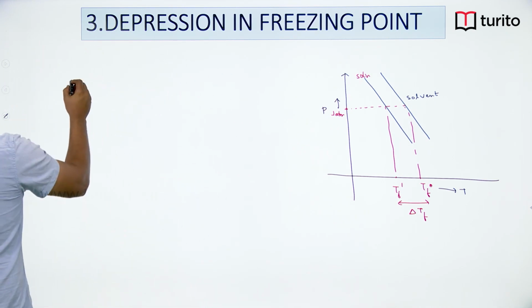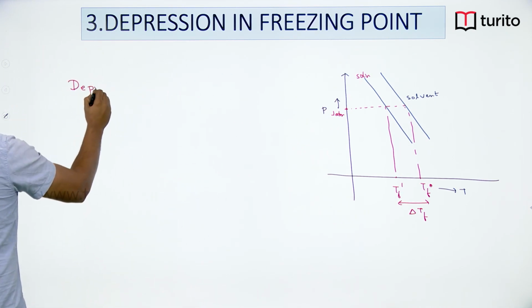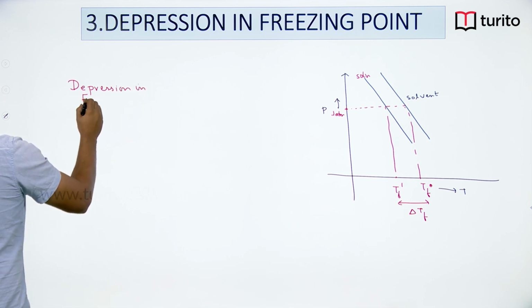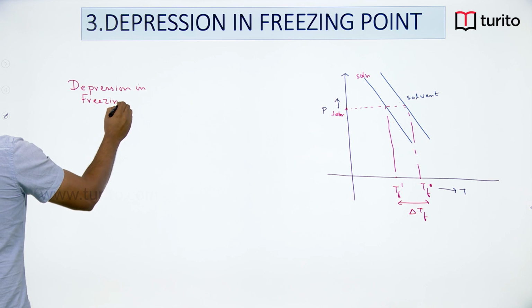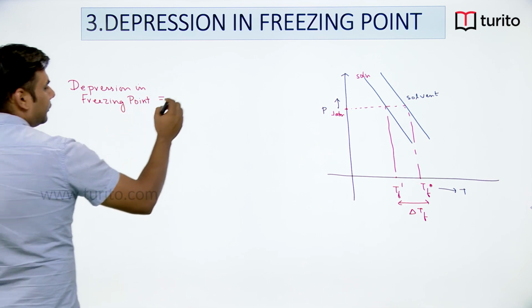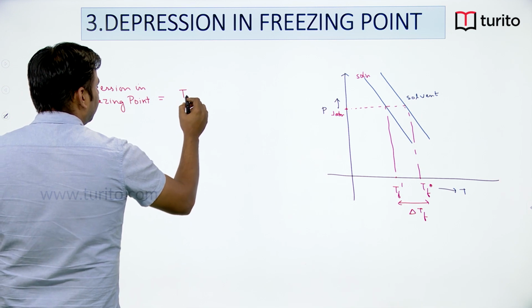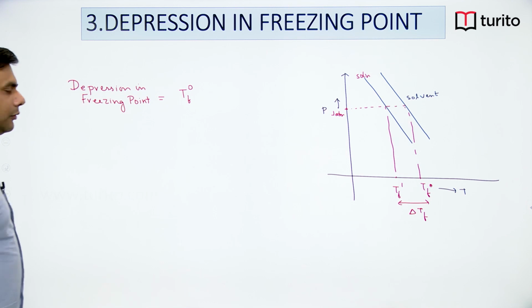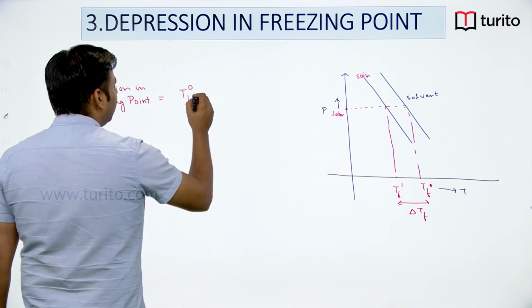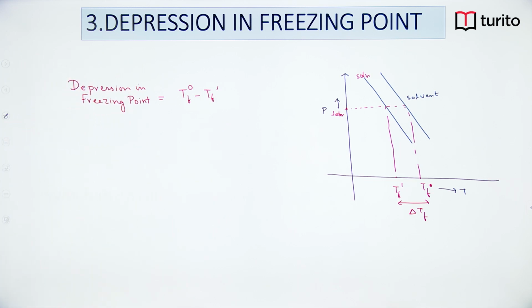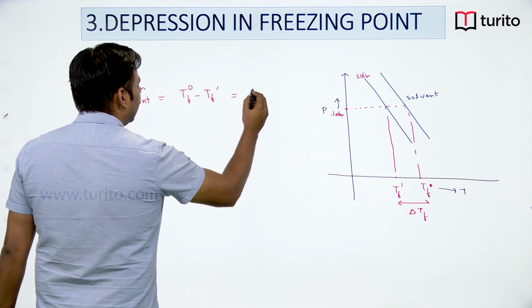Okay, so we'll write depression in freezing point as the freezing point of the pure solvent, because that is having a greater value, minus the freezing point of the solution. So this is written as delta TF.